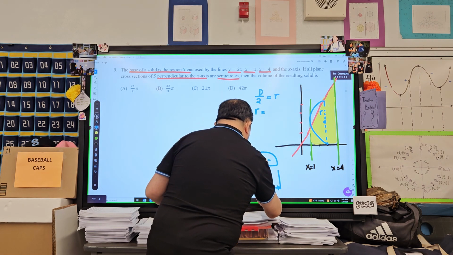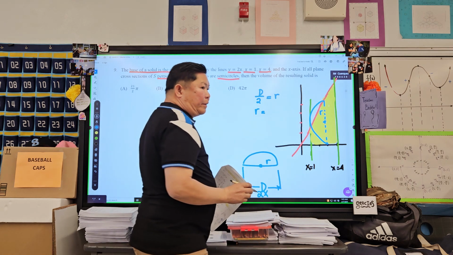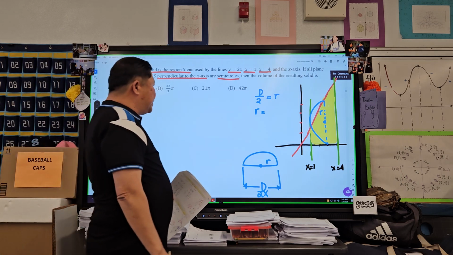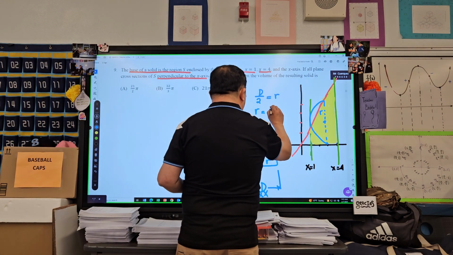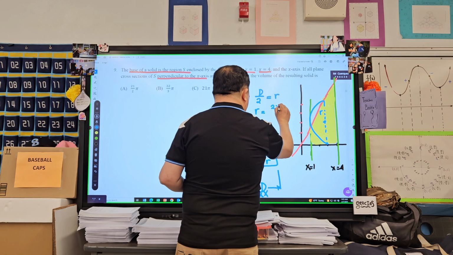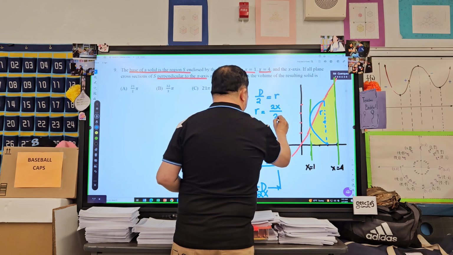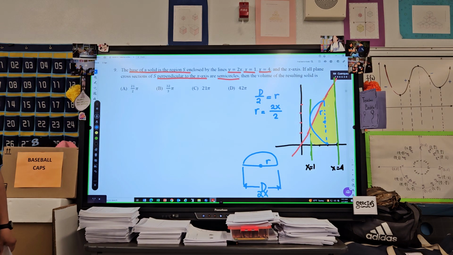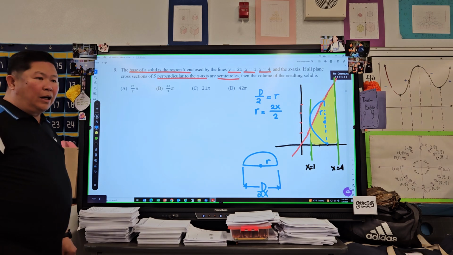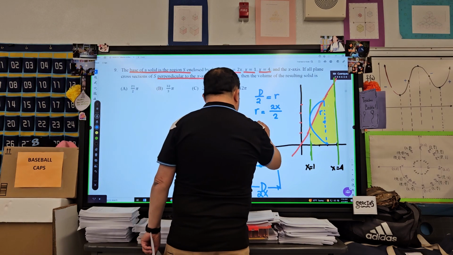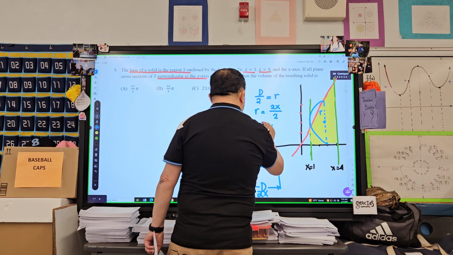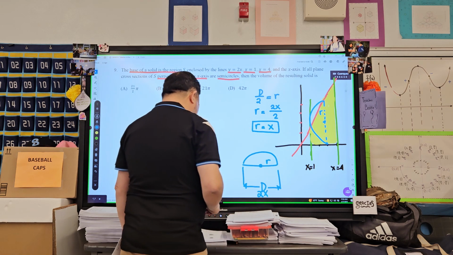If the diameter is 2x, because this is y equals 2x, the red graph, right? Y equals 2x, which means the radius is 2x over 2. Okay? So what cancels out there? The 2 cancels out, therefore r is just x. Okay? R is equal to x.